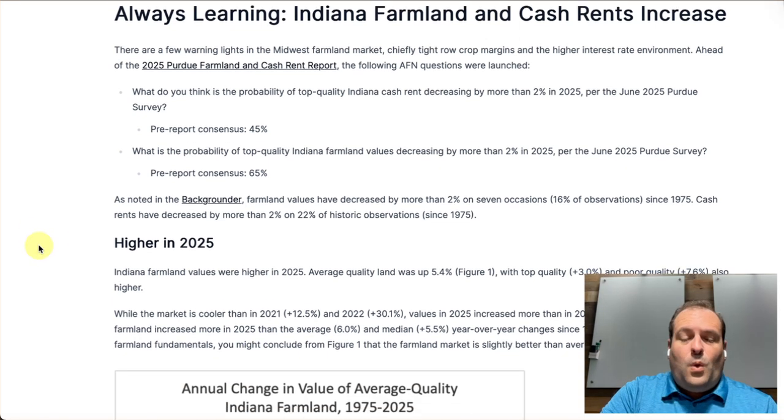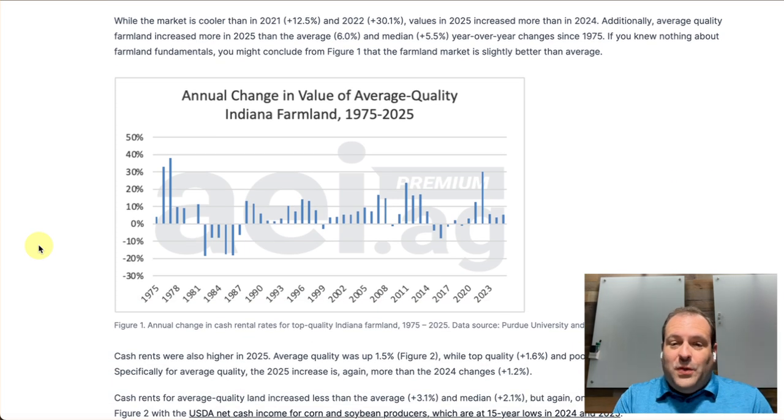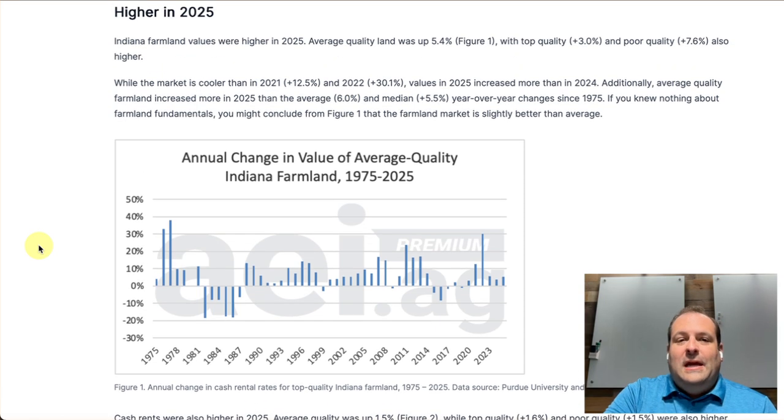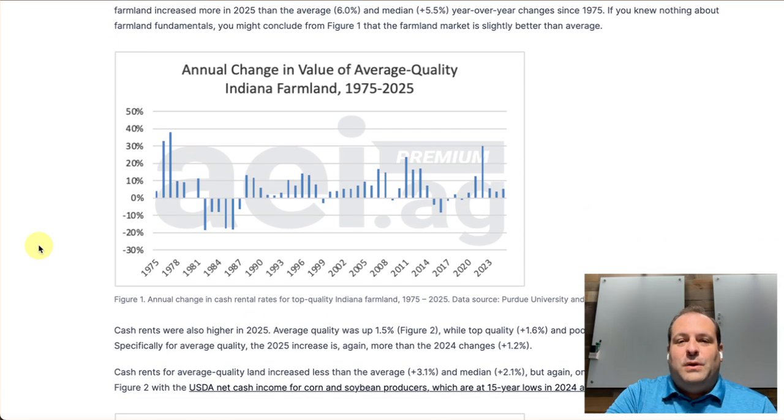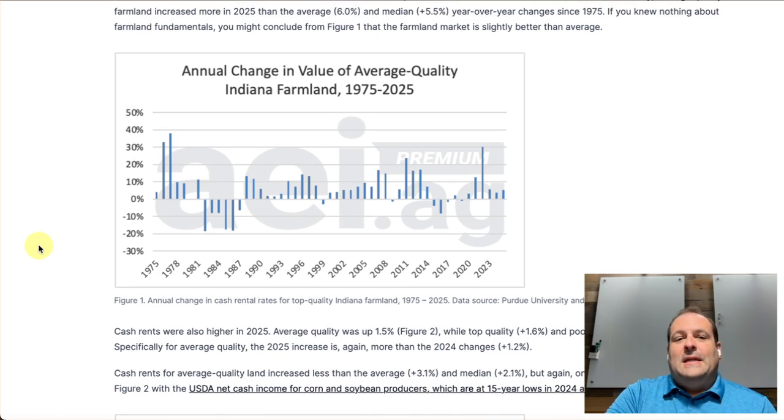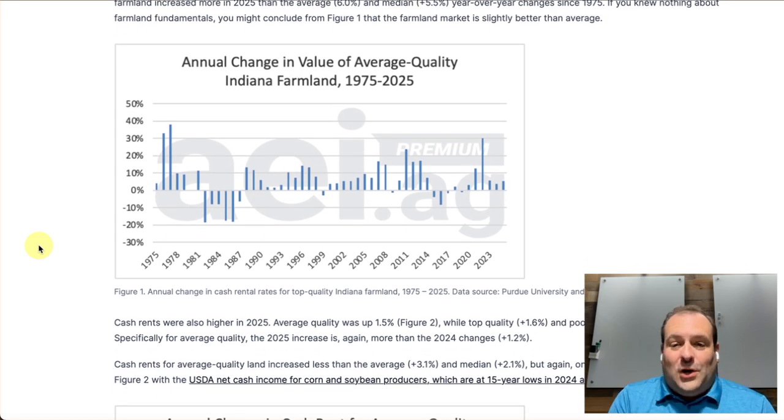So what we saw, although the result in the data is that values increase for both. This chart here shows average quality Indiana farmland, and as you can see, it was higher in 2024. It was at 5.4%. That is more than we saw last year, and it's in the ballpark of what we'd expect for the long run average.